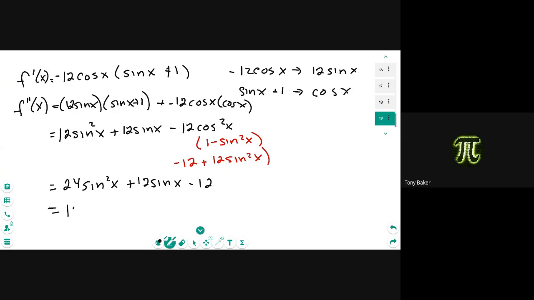Pull out the 12 so I don't have to worry about that. I have 12 times 2 sine squared x plus sine x minus 1.